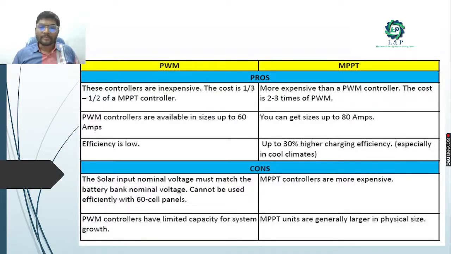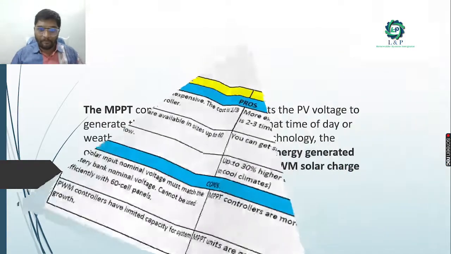PWM controllers have many limitations, and the system has capacity limitations, but MPPT is generally larger in physical size as well. And when you compare the cost, MPPT controllers are a little costly, since they have many enhanced electronic components inside for the betterment of power.